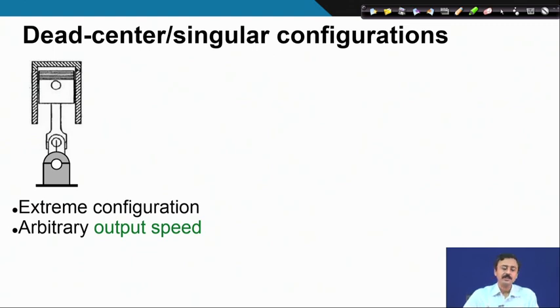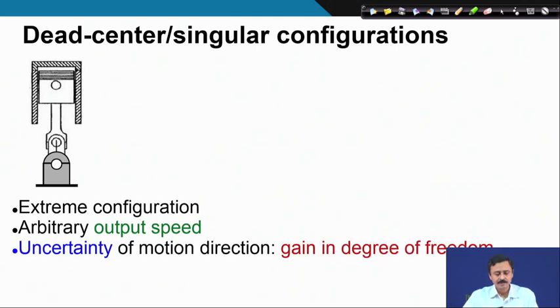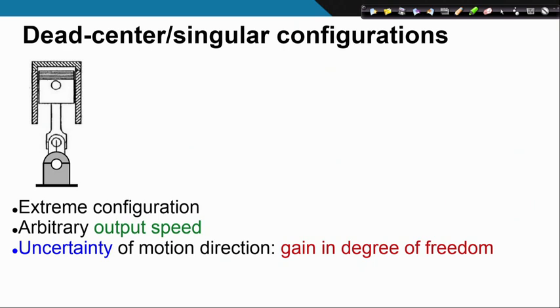You see, the crank shaft can actually be rotating at an arbitrary speed, even though at this momentary instant the piston is immobile. And there is uncertainty, as I have told you, uncertainty in motion direction, that translates to a gain in degree of freedom, because you have a choice.